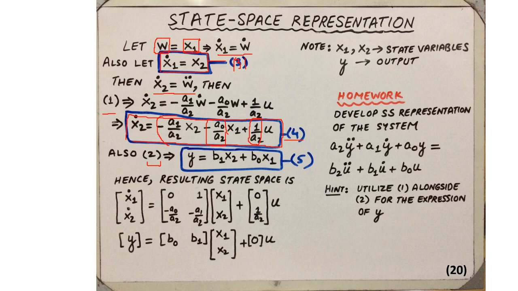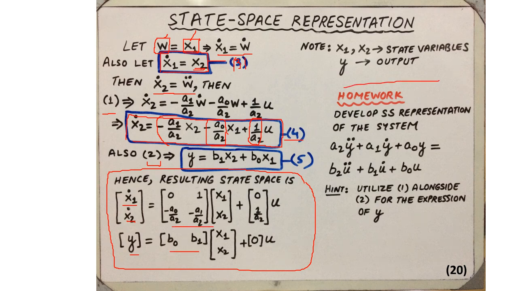And w is x1 and w dot is x1 dot, which is x2. So we have b1 x2 plus b0 x1. And therefore we now have a complete state space representation. The state variables are x1 and x2, and the output has been taken as y, and the corresponding coefficient matrices are shown here.